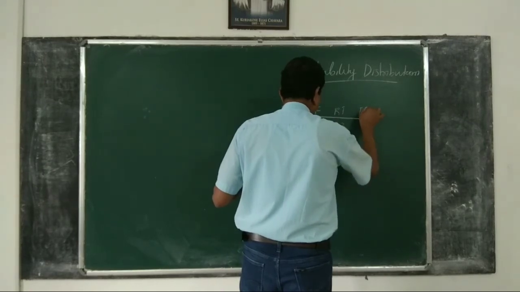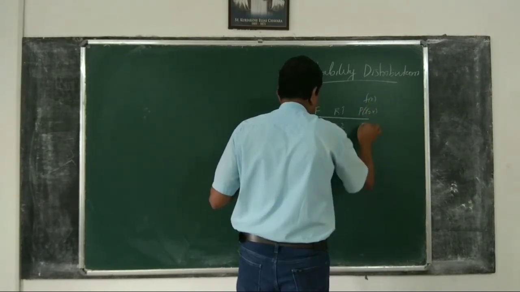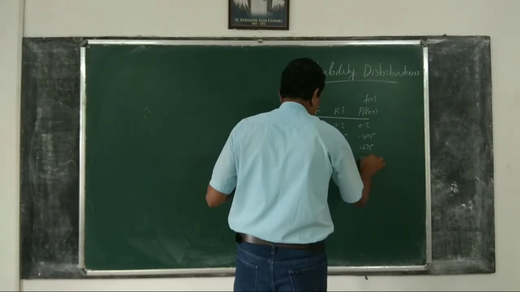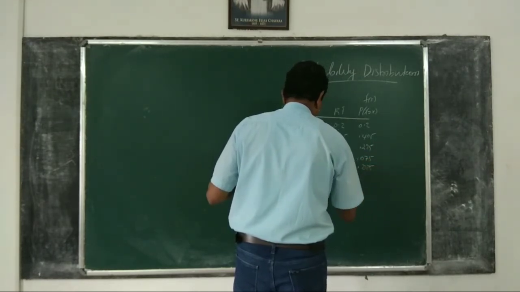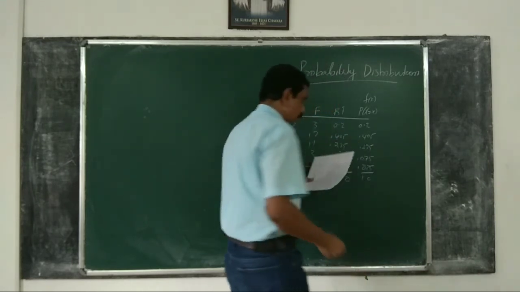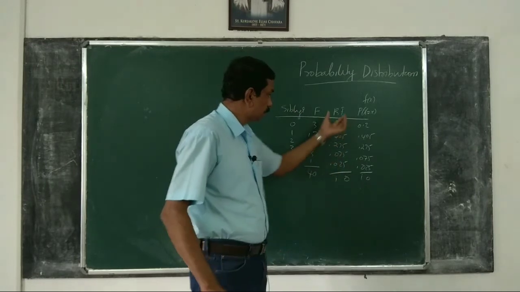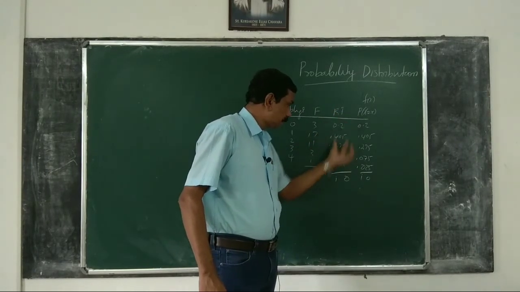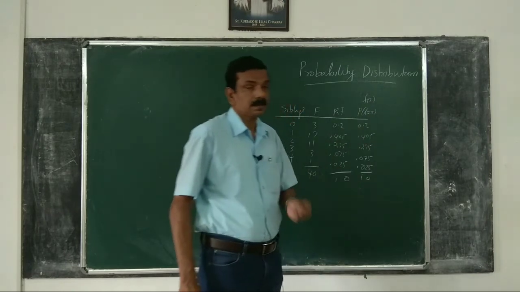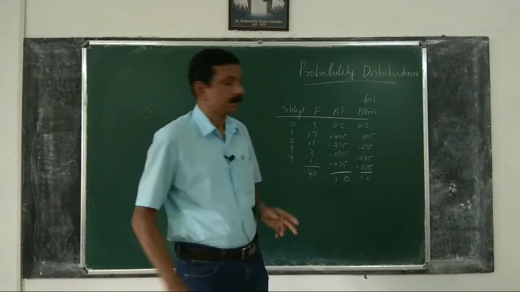Then probability that xi is equal to x, that is f of x, is 0.2, 0.405, 0.275, 0.075, 0.025. Total is 1. So remember this. This is the relative frequency, and this relative frequency is nothing but the probability distribution.